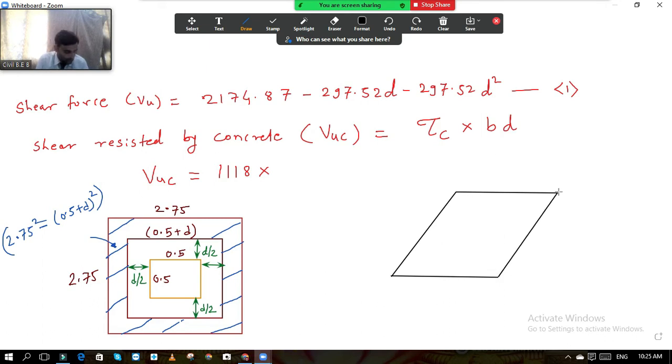Okay, so this is our footing, and here is the depth of the footing.